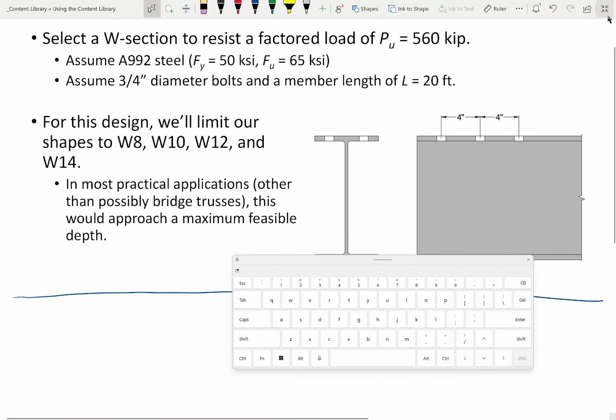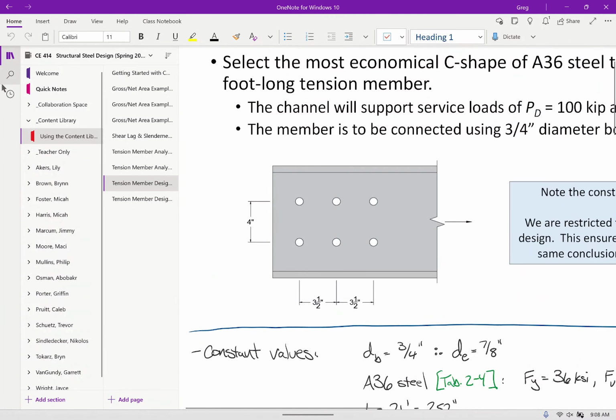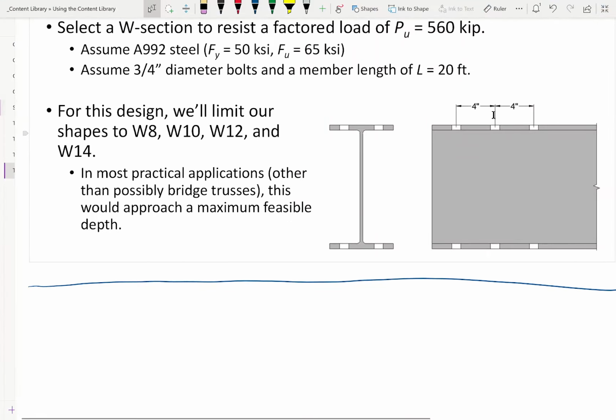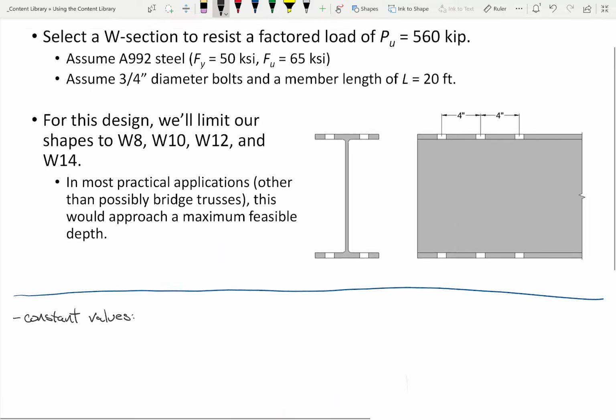Let's start this problem off how we did the last one. What did I name that? Constant values. So let's figure out some constant values that are not going to change as a result of this problem.